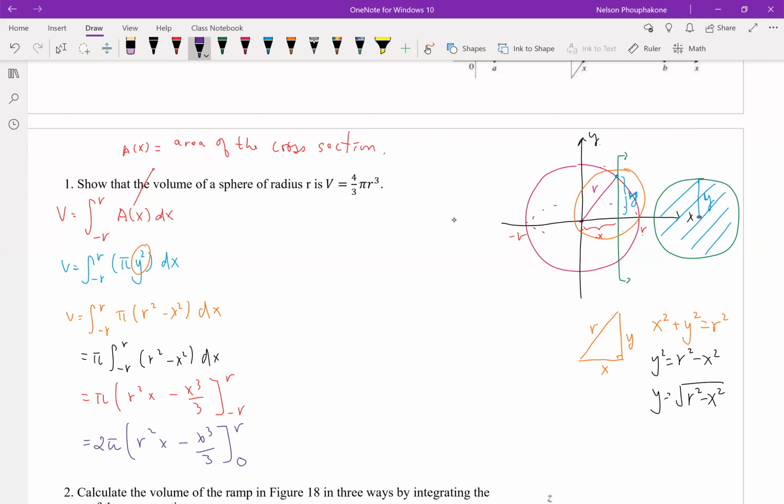And then now we could finish the problem. It will be 2 pi, and then I will have r squared times r, minus r to the power 3 over 3, minus 0.